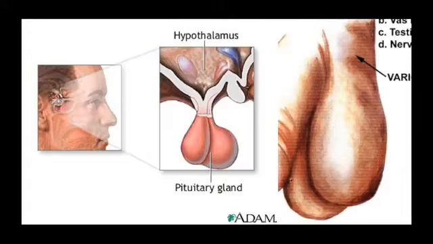The similarity between the male genitalia and, as above, so below the belt, the pituitary gland and the male testicles. Again, one of the only glands that falls at the direct midline of the human brain, and one of the only organs that falls at the direct midline of the human anatomy.